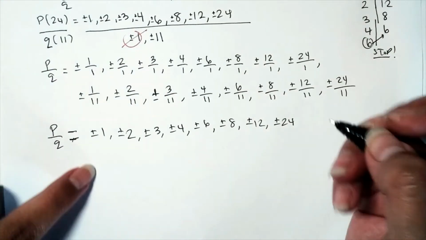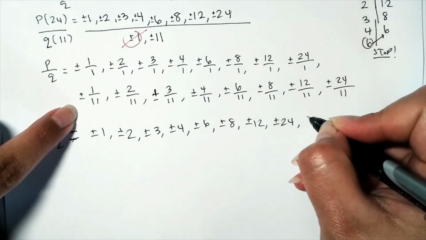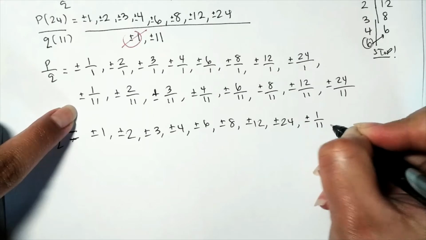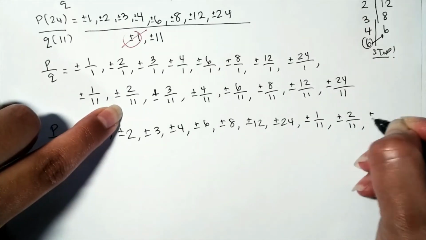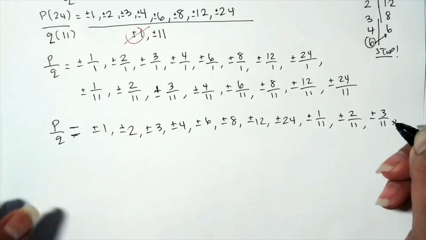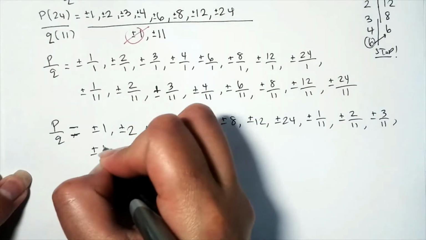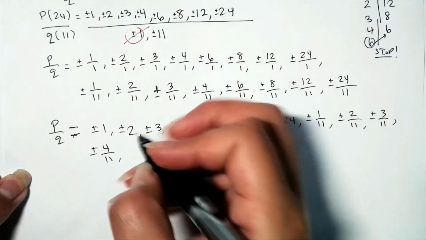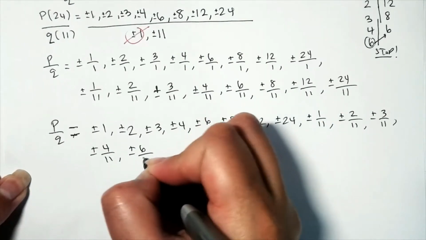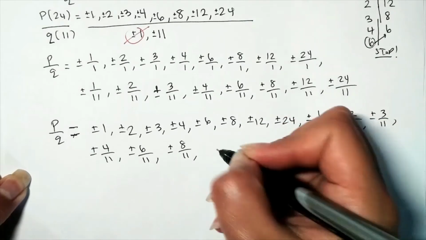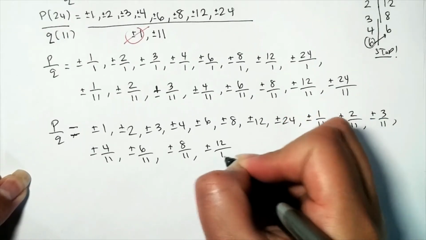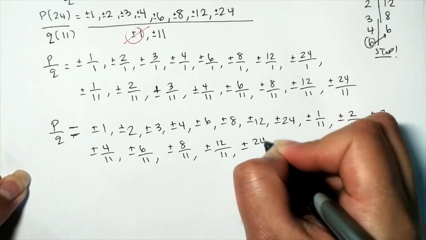Then we have the 1 over 11, and these are already simplified. We can't reduce them. 2 11ths, 3 11ths, 4 11ths, again, and its opposites. 6 11ths, 8 11ths, 12 11ths, and 24 11ths.